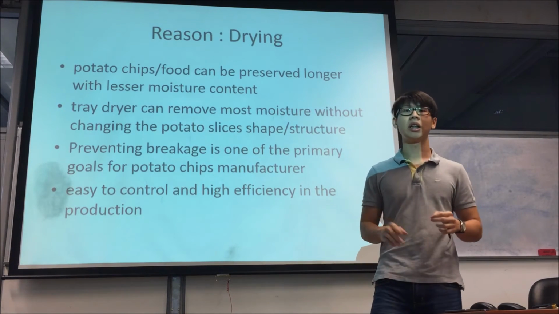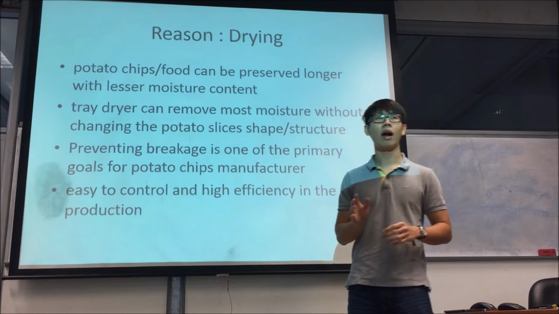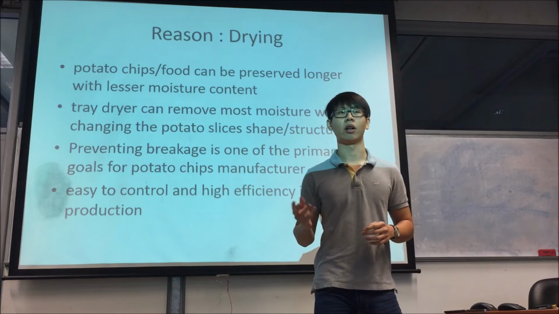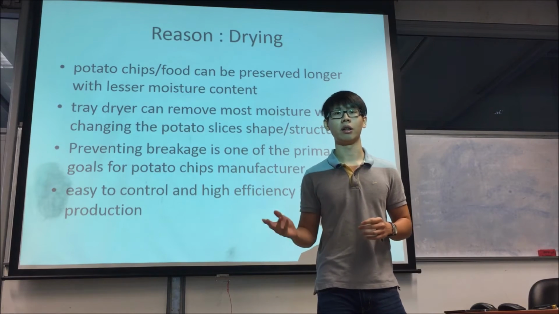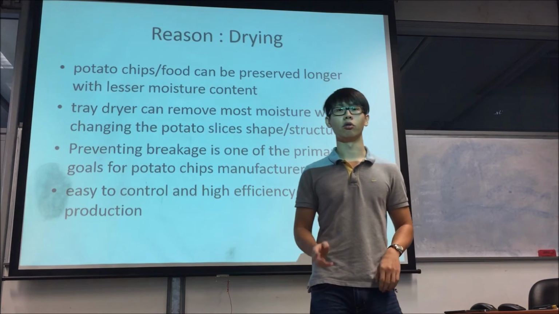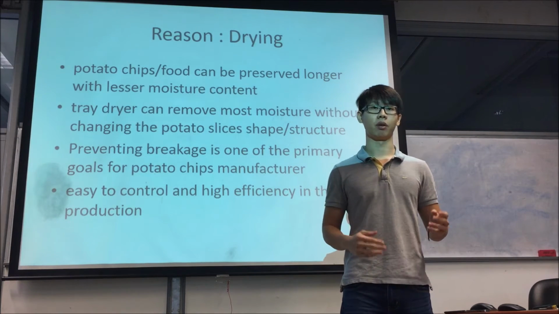Furthermore, preventing breakage is one of the primary goals, which is why potato chip manufacturers choose the tray dryer as the main dryer machine. It is also easy to control and highly efficient in production.